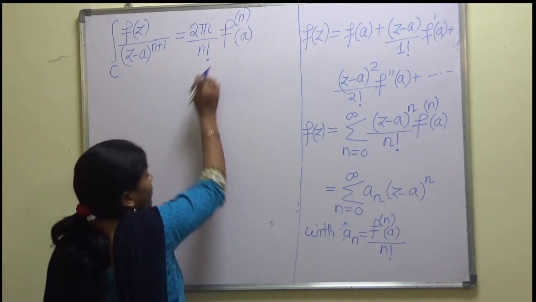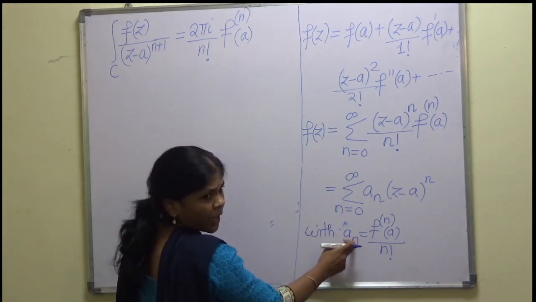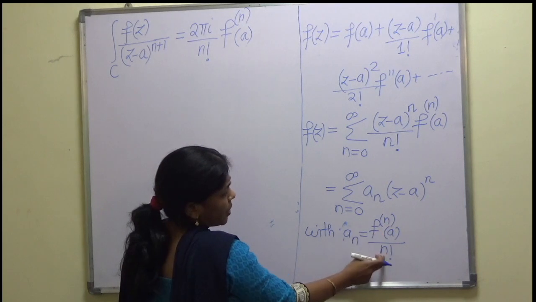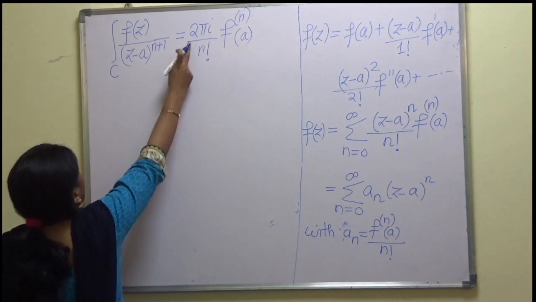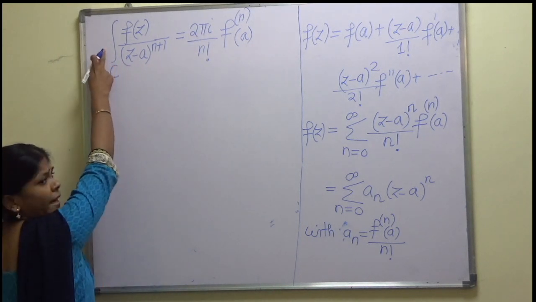This is what we are having. Now here we have a n as nth derivative f of a upon n factorial. So what will be the value of this? The 2 pi i goes on this side.